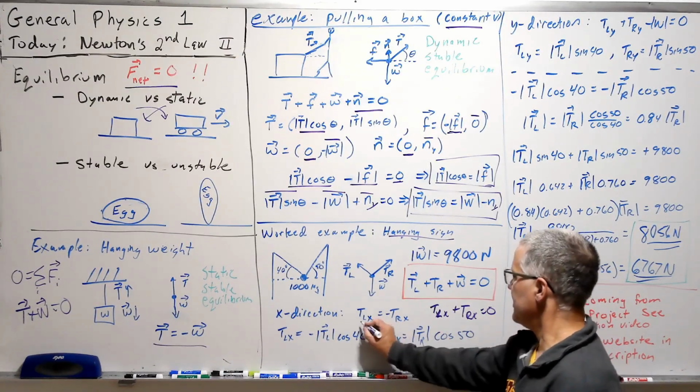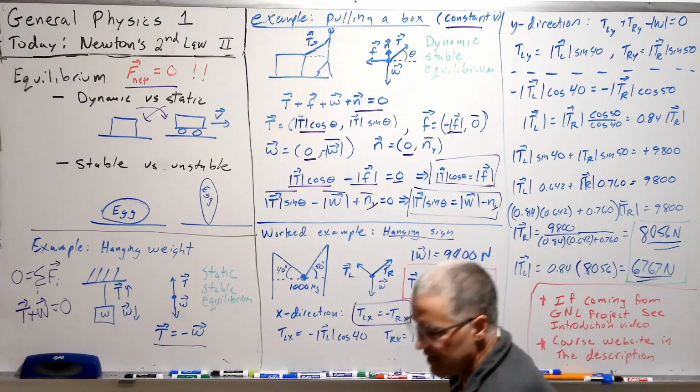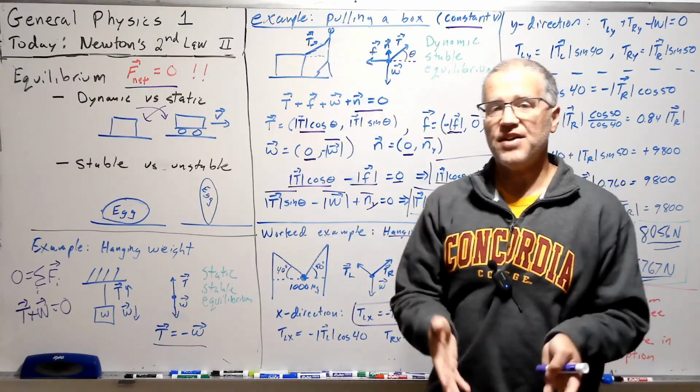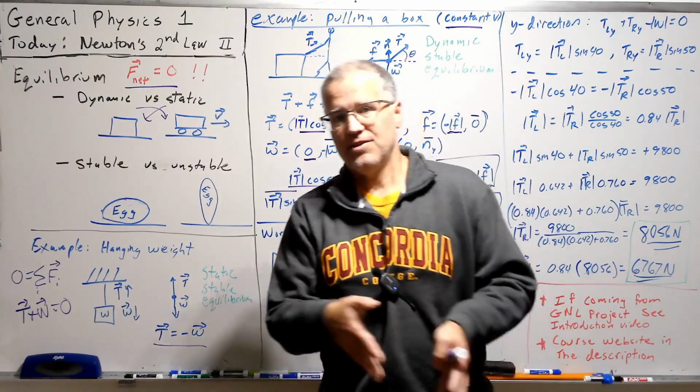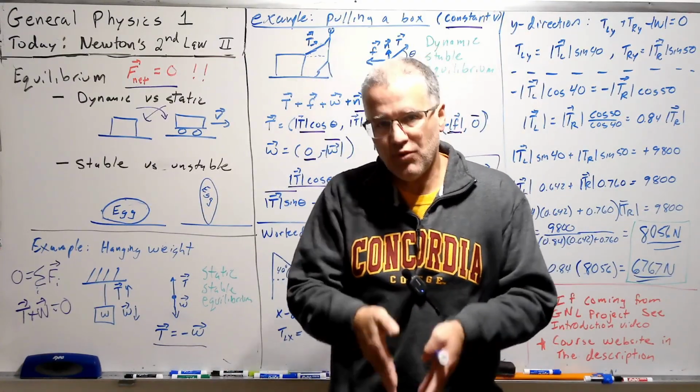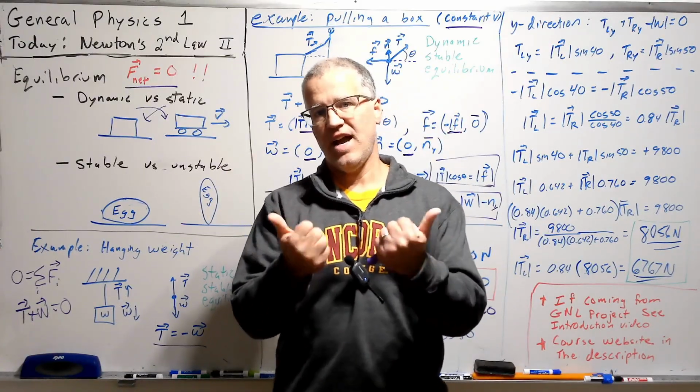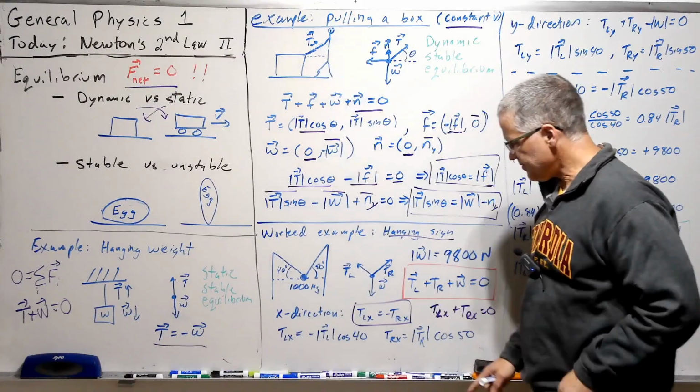And so that gives us that these are equal but opposite. And we can see they have to be, because the weight only points downward. So the two horizontal components of the tension have to be equal but opposite.